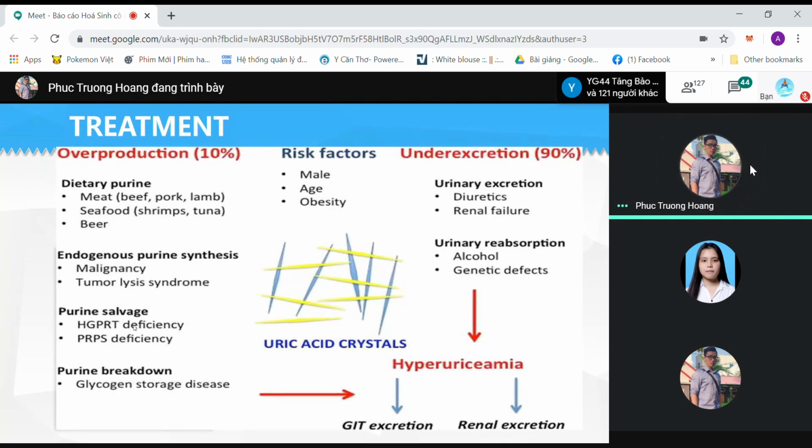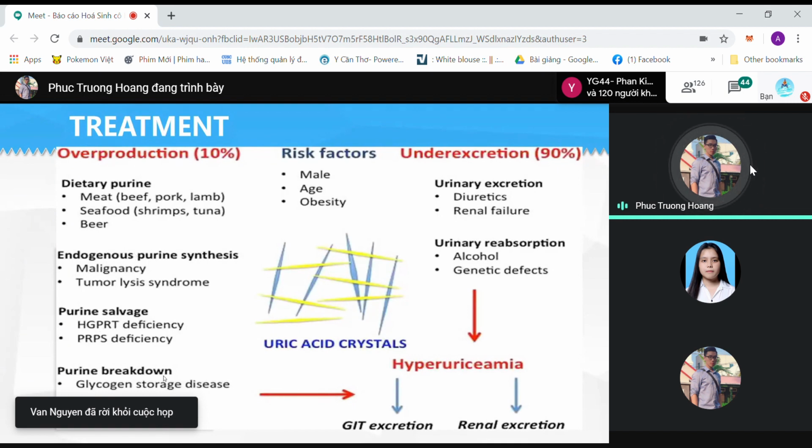Purine synthesis defects, that is HGPRT deficiency. This is an enzyme in the purine salvage pathway, and when it is deficient, it causes hyperuricemia. And the last one is purine breakdown, which you can see in glycogen storage disease.